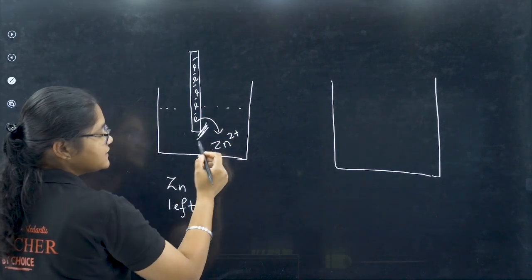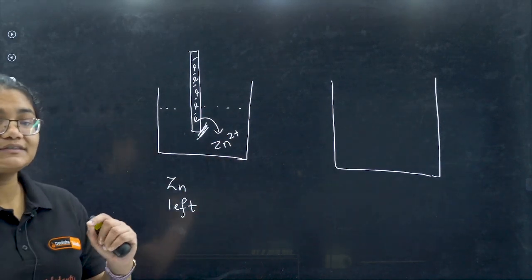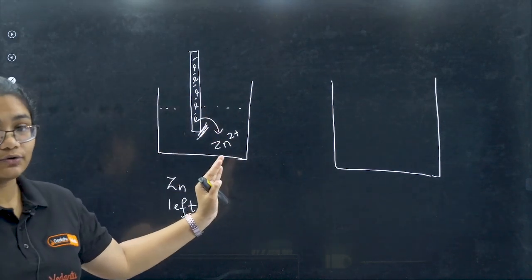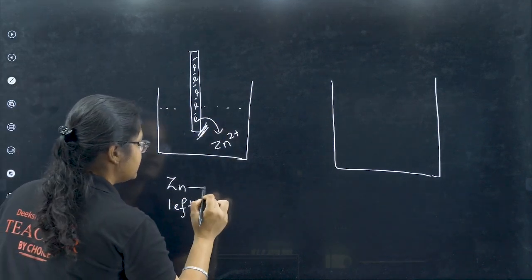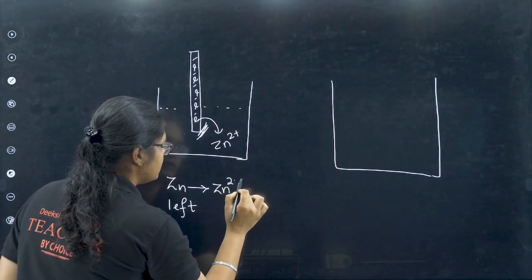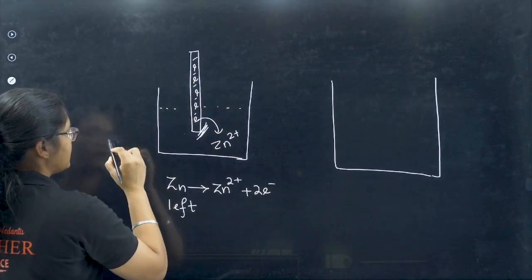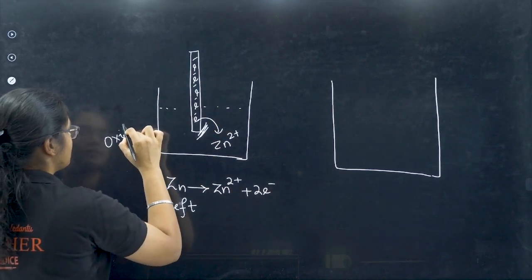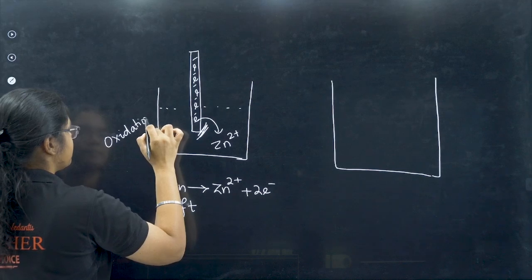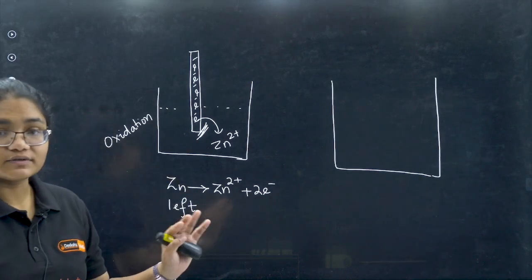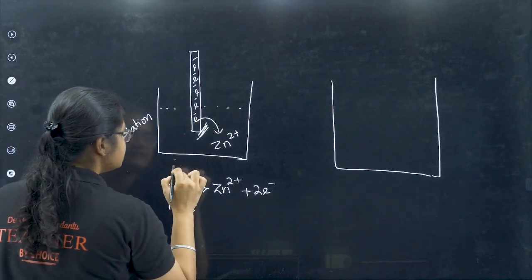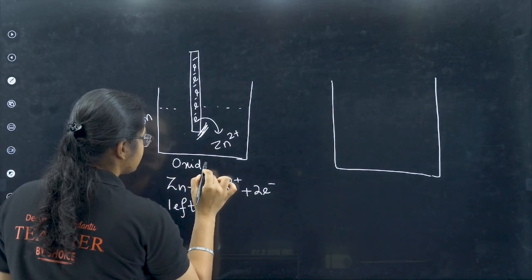Zn is getting converted to Zn2+, leaving 2 electrons. What is this container undergoing? Oxidation.